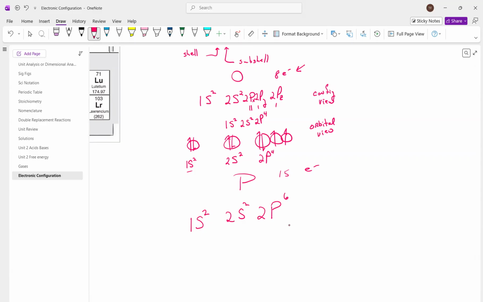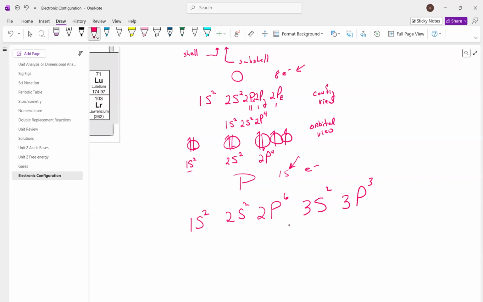Okay, that takes care of 10. What's after shell 2? Shell 3. Start with the S again. 2. How many are left over? 3. So we have 10, 2 and 3 is 15.